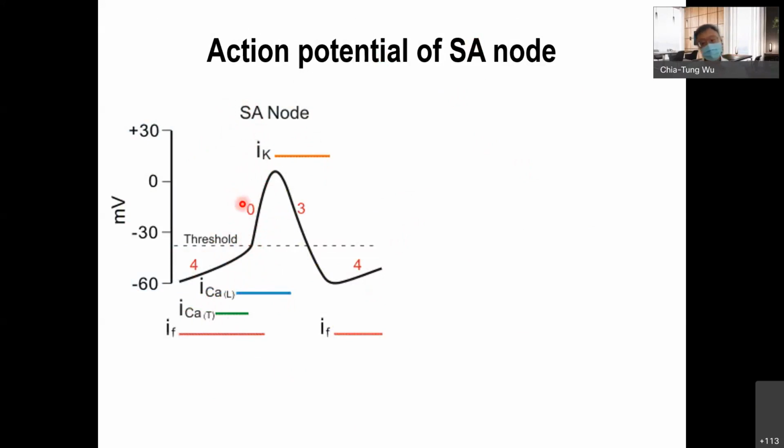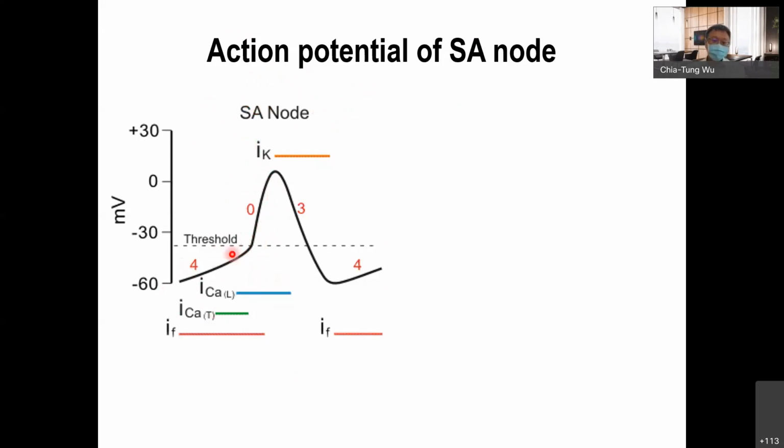Why not? Because I just said that the sodium channel is responsible for signal conduction, not signal generation. The SA node is the chief commander, so it does not need to conduct the signal. It just needs to generate the signal. So we don't use any sodium channel on the SA node.